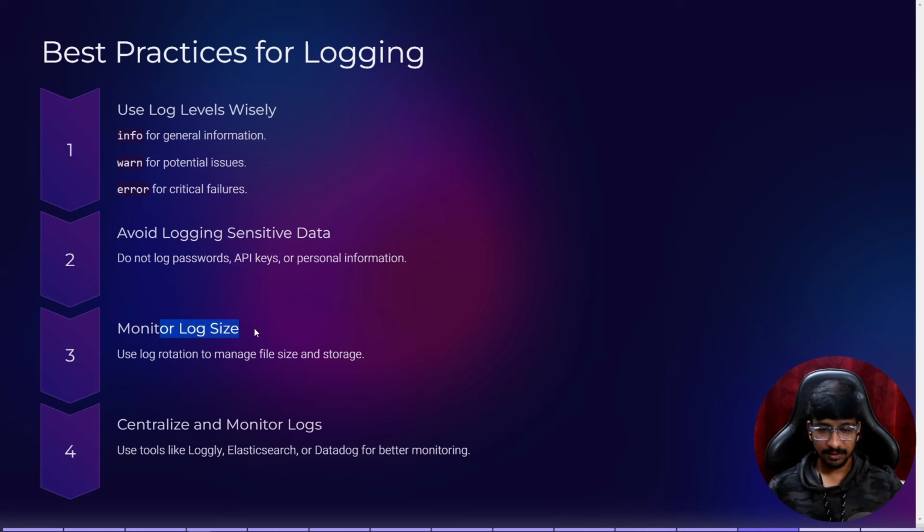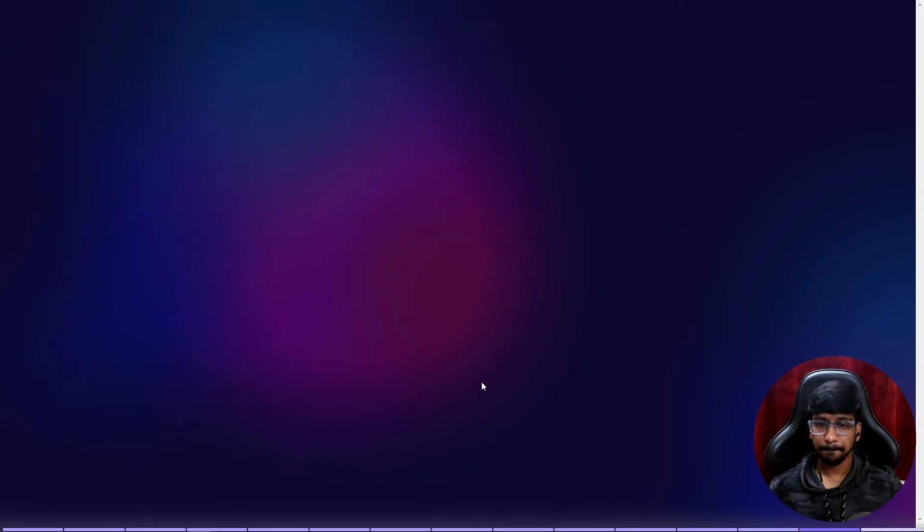Monitor log size: using log rotation, you can manage the file size and the storage inside the system. Centralize and monitor logs. Use tools like Loggly, which we have used in this demo. There are other alternative options, Elasticsearch or Datadog, for better monitoring. You have the options to choose.